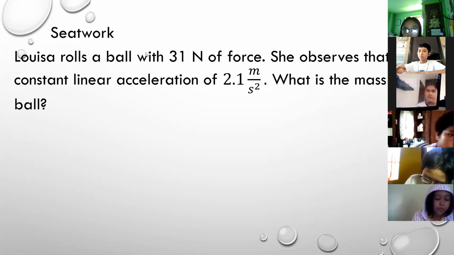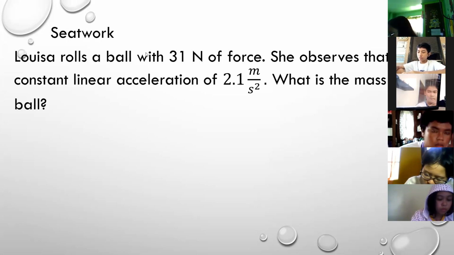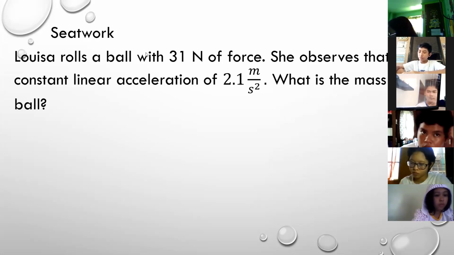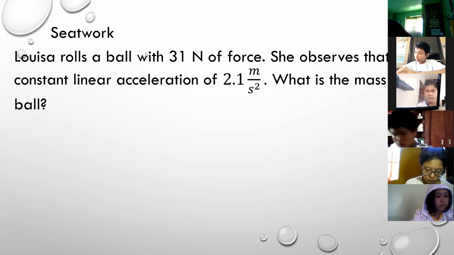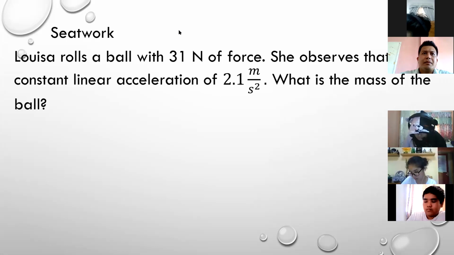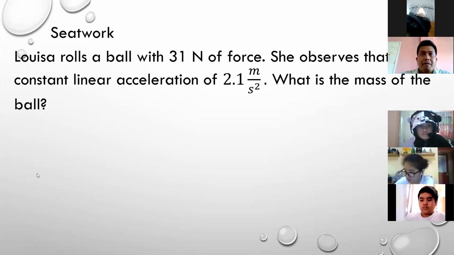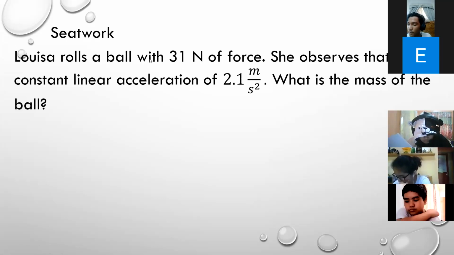So you have to derive the formula for mass or substitute the given to the equation force equals mass times acceleration. 31 Newton is force, 2.1 meters per second squared is the acceleration. Time starts now. One minute.